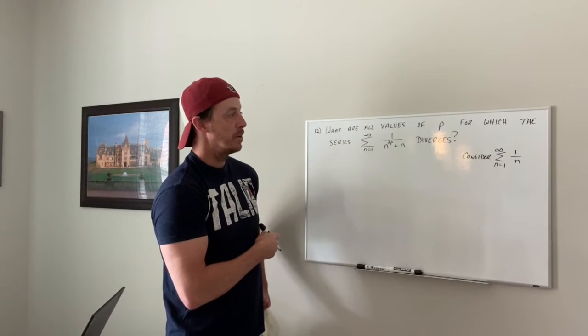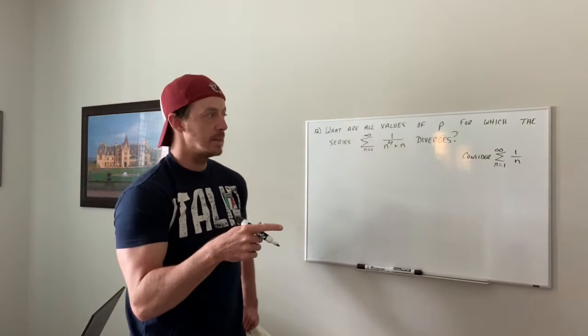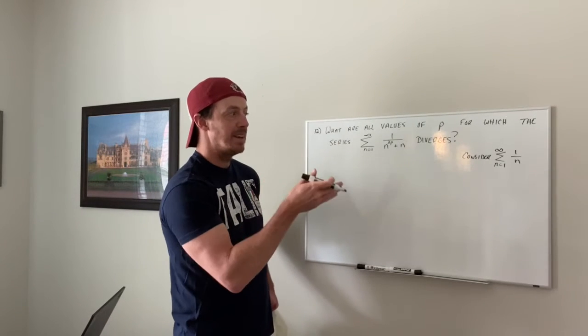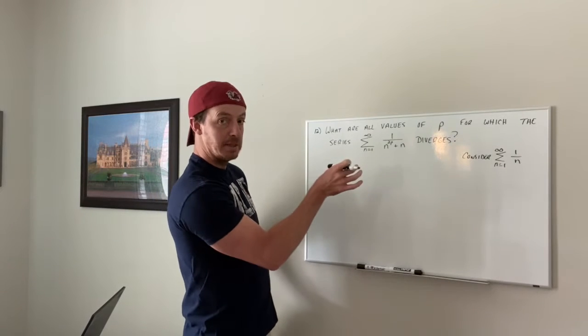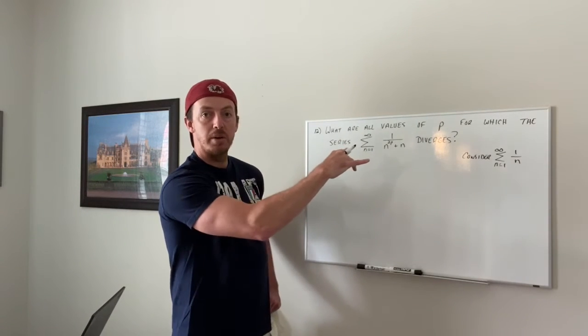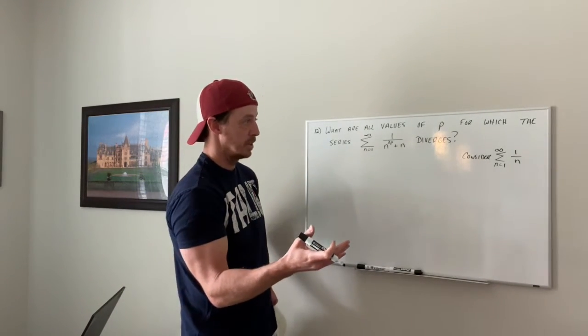And so what I can do here is a limit comparison. You remember the limit comparison test says that you do all that limit stuff, and if you get a positive finite limit, then the two series that you were comparing are doing the same thing. They're either both converging or both diverging.